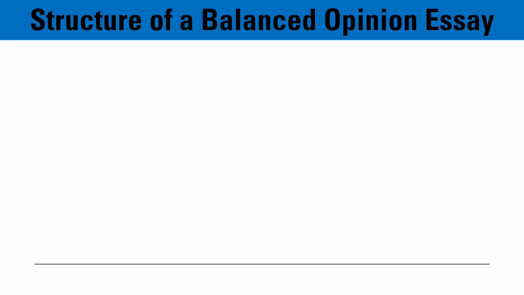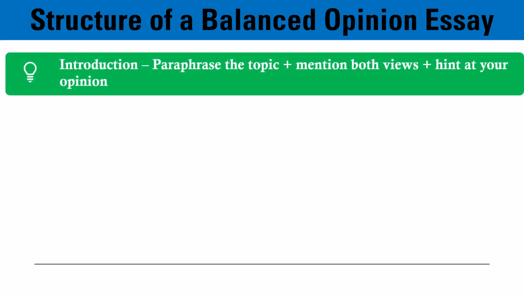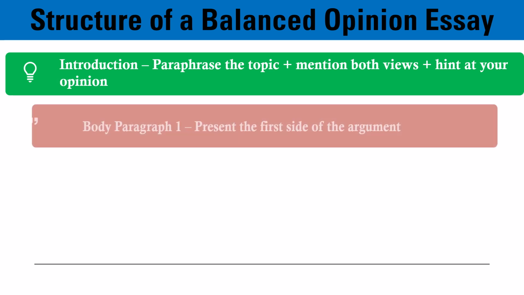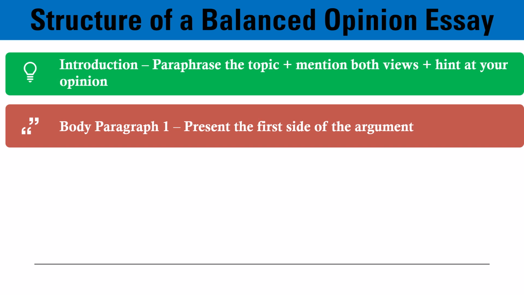Now let's look at how to organize a balanced opinion essay step by step. We start with the introduction, where you paraphrase the topic, briefly mention both views, and lightly hint at your opinion. In body paragraph 1, you present the first side of the argument, even if you don't fully agree with it.